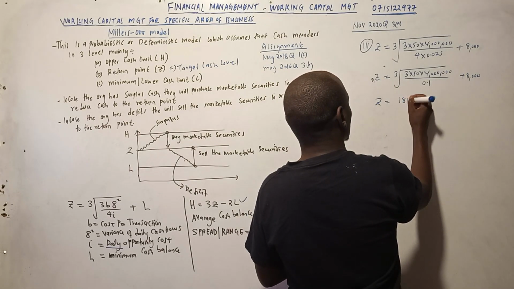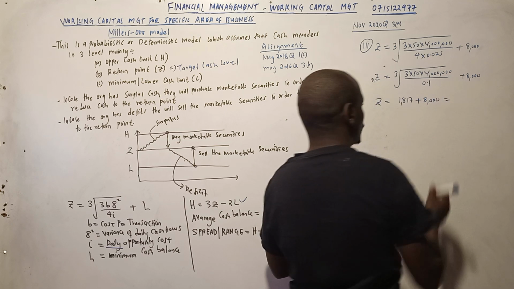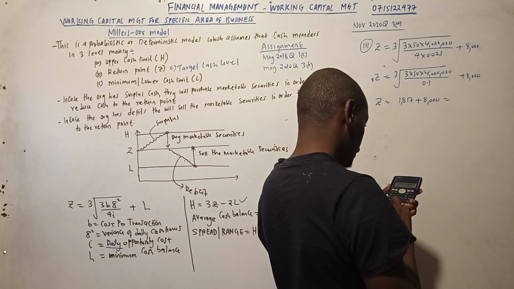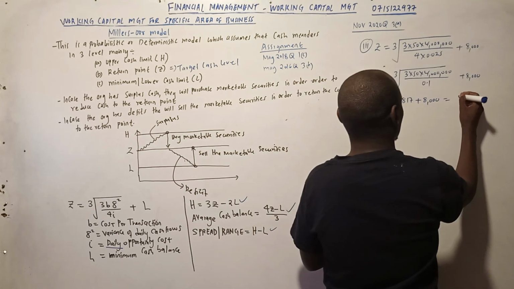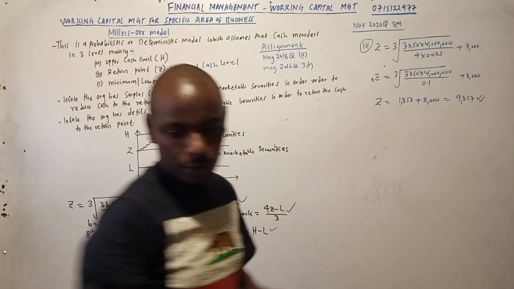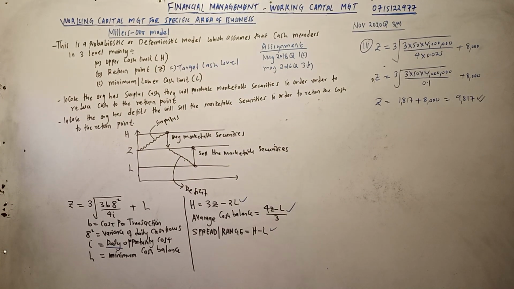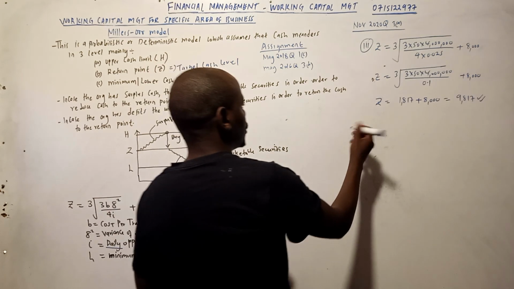So 1817 plus 80,000. So what would be that figure? 9817. That's our return point. 9817. I hope you have got 9817. So once we have that, we can now go back to part A, H.